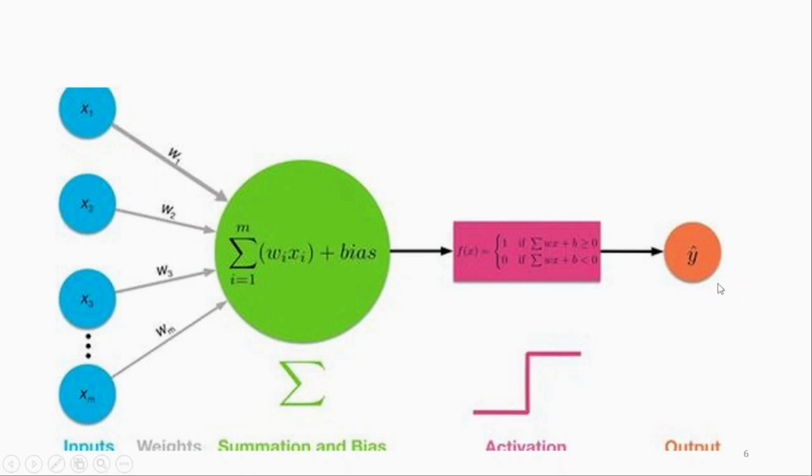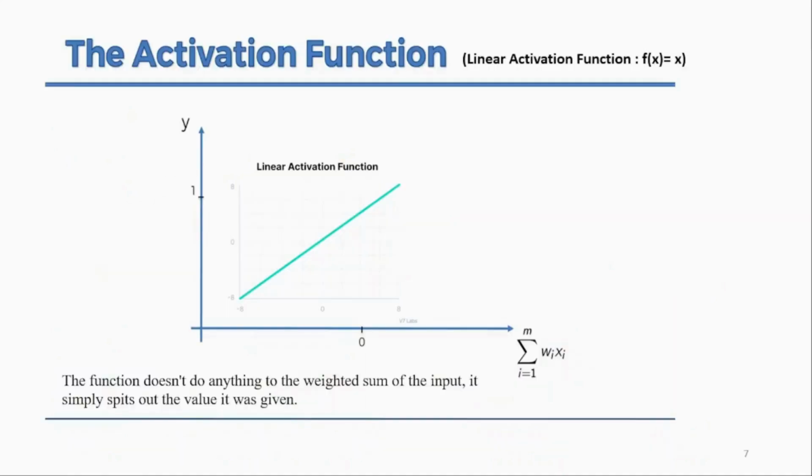It could be as simple as a step function that turns the neuron output on and off based on a set of rules or a threshold. Very simple, depending upon the threshold, it is either set to 0 or 1. So this is a very simple explanation of the threshold activation function.